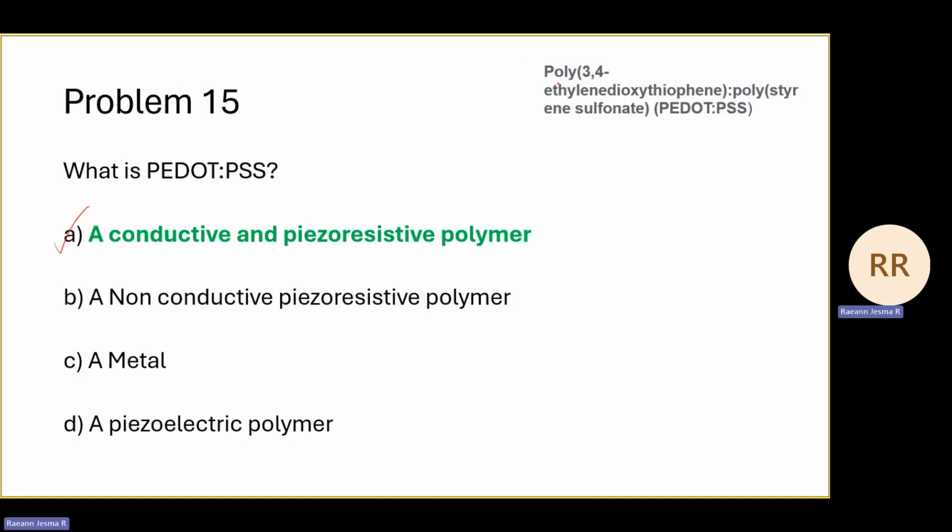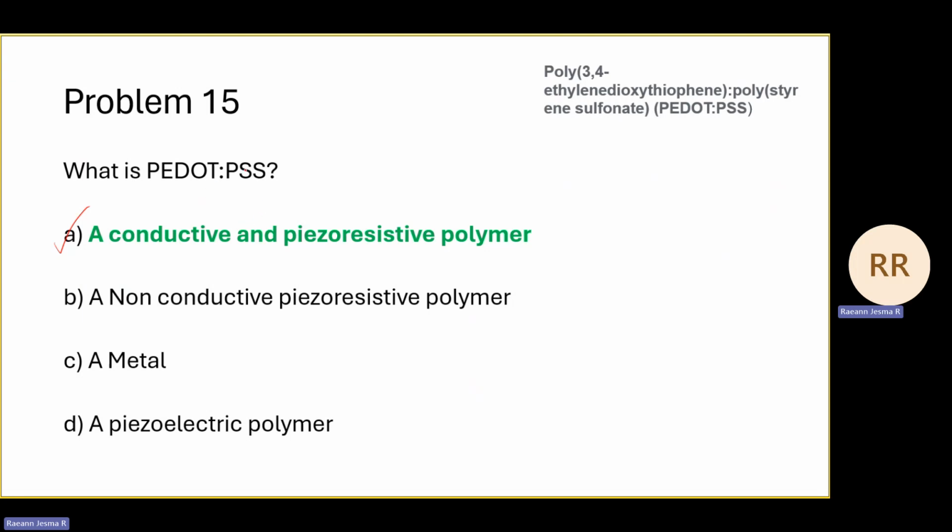And the full form for PEDOT:PSS is polyethylene dioxythiophene polystyrene sulfonate. Okay. So unlike other polymers, this is conductive. Most of the polymers are non-conductive, they're insulators like SU8.